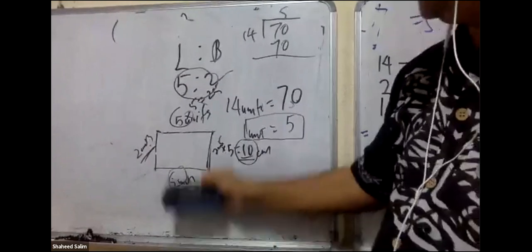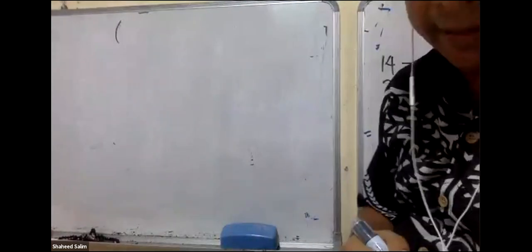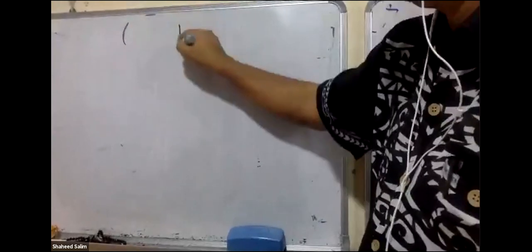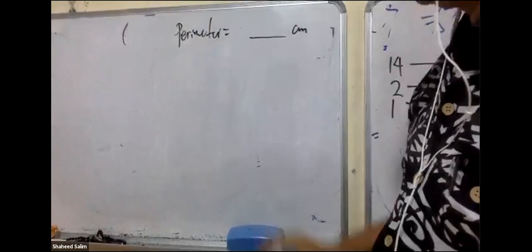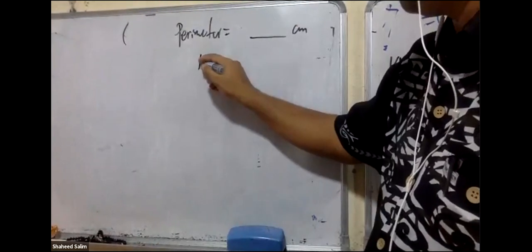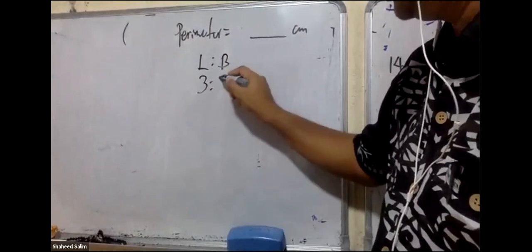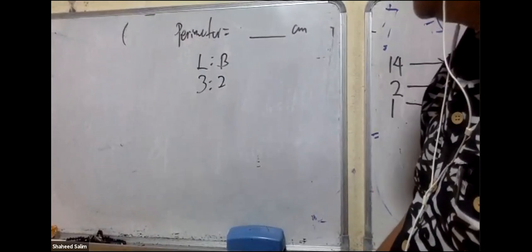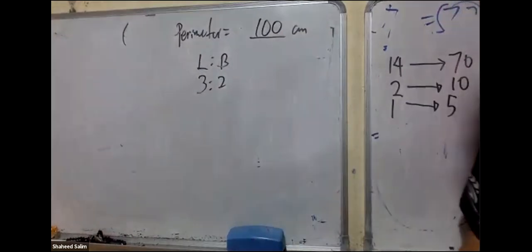Okay, if you are not sure, we will give you a question now. Now there's a rectangle. Try this question. The ratio of the length to the breadth is 3 is to 2. The perimeter is 100 cm.